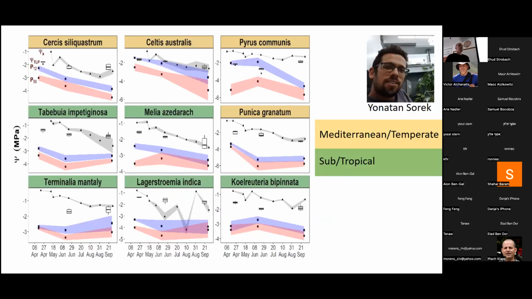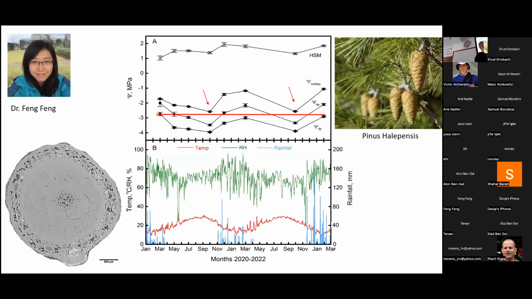Only 50% of the cross-section? No, it's important, then. Important question. P50 is the water potential that will lead to 50% loss of conductivity. So this is a water potential value.